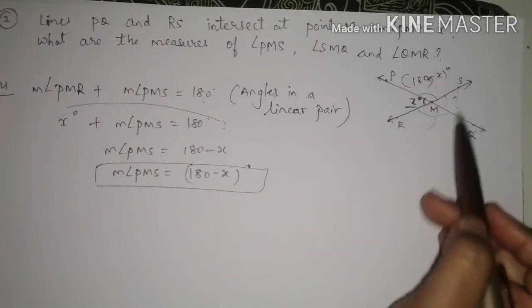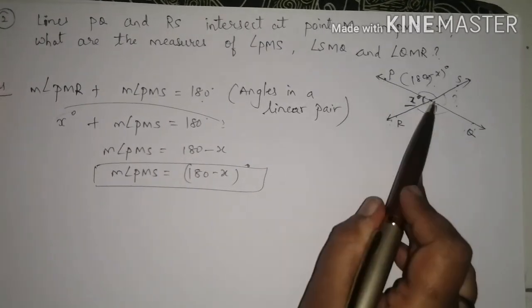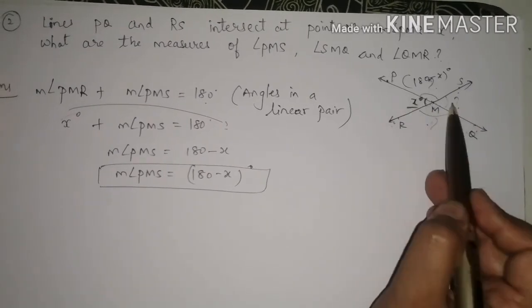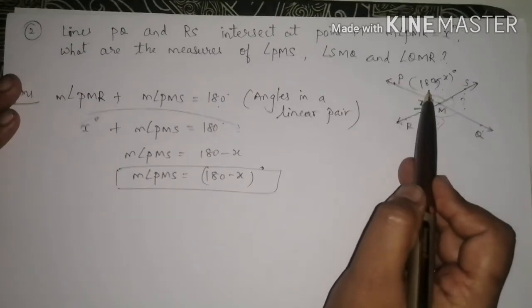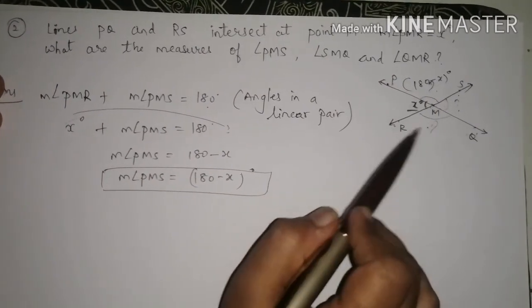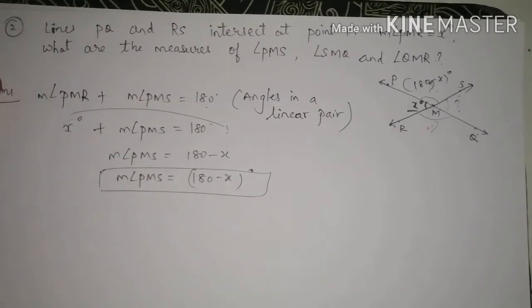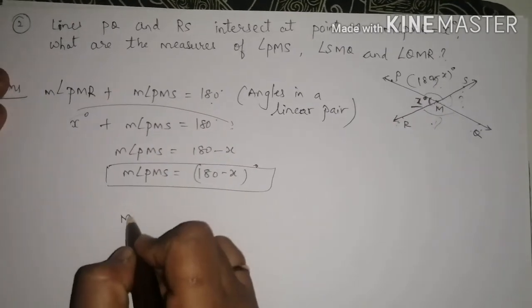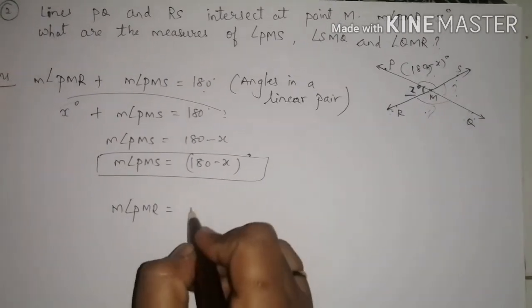Now these two we can easily get by using the property of vertically opposite angles. If PMR is x degrees, SMQ is also x degrees, because both are vertically opposite angles. And if PMS we got is 180 minus x degrees, then QMR is also 180 minus x degrees, because both are vertically opposite angles. So let us begin with this. Measure of angle PMR is equal to measure of angle SMQ.